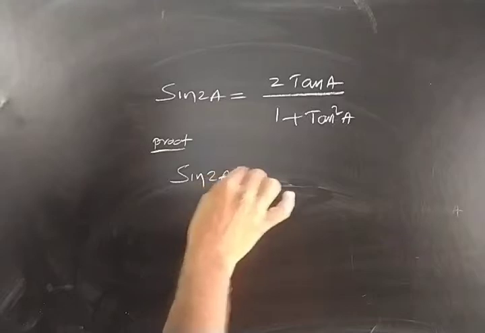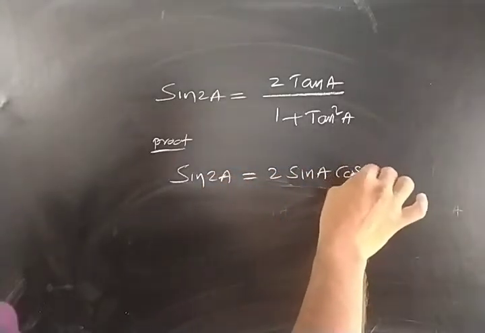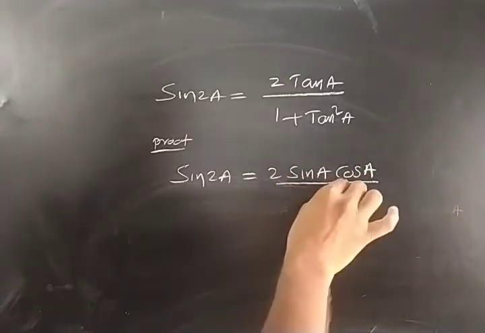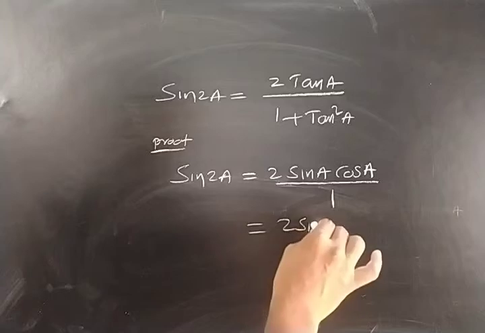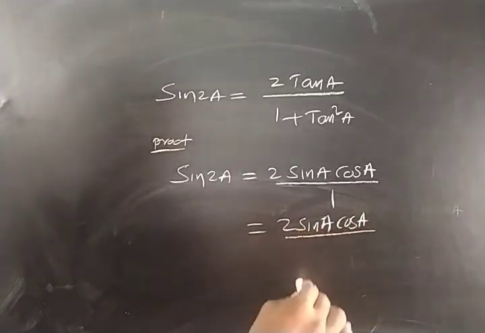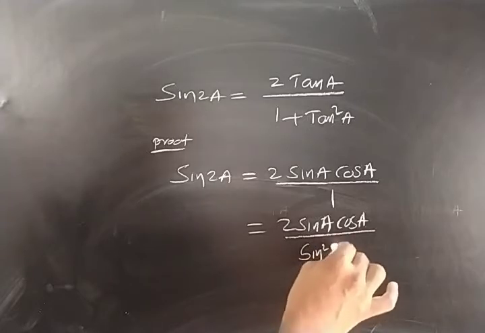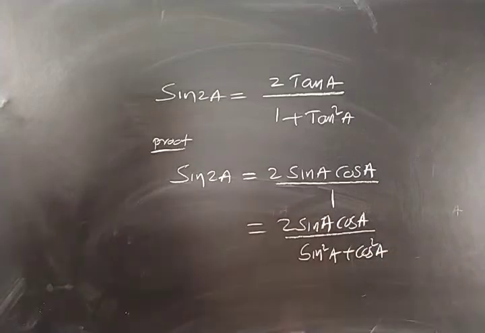Sin 2A, what is the actual formula? Sin 2A is 2 sin A cos A. Can I write the denominator 1? Nothing will happen. You can write 1. So 2 sin A cos A. In place of 1, I am writing the identity sin square A plus cos square A. Anything will happen? Nothing will happen. Again it becomes 1.